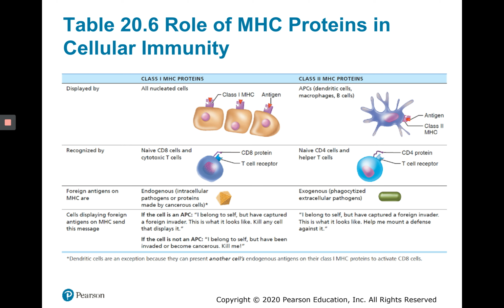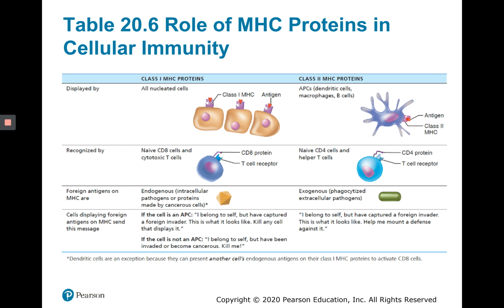Cells that display foreign antigens on MHC send this message if the foreign antigen is displayed on class 1 MHC. So here we have an example. If the cell's an antigen-presenting cell and it comes into contact with an MHC class 1 protein displaying a foreign antigen, it would think that the cell is saying, I belong to self, but have captured a foreign invader.